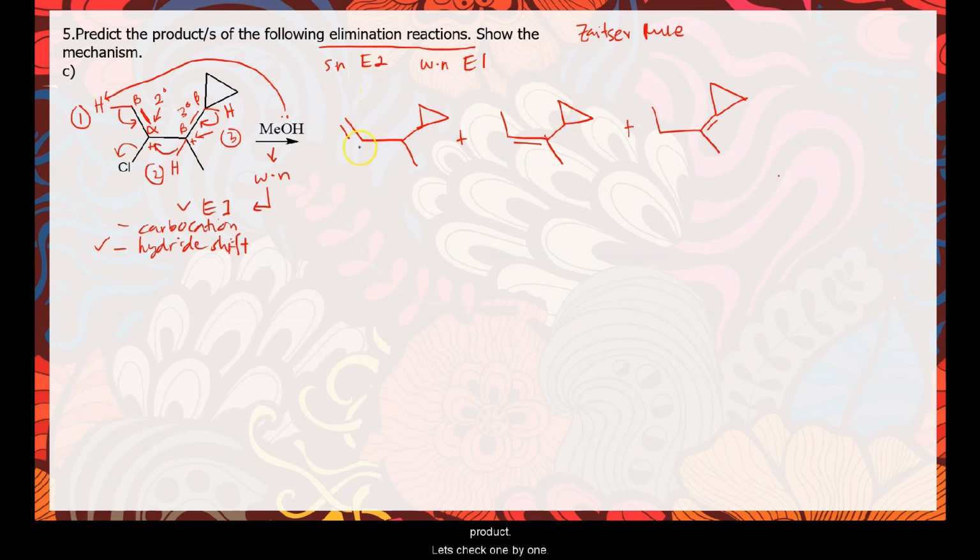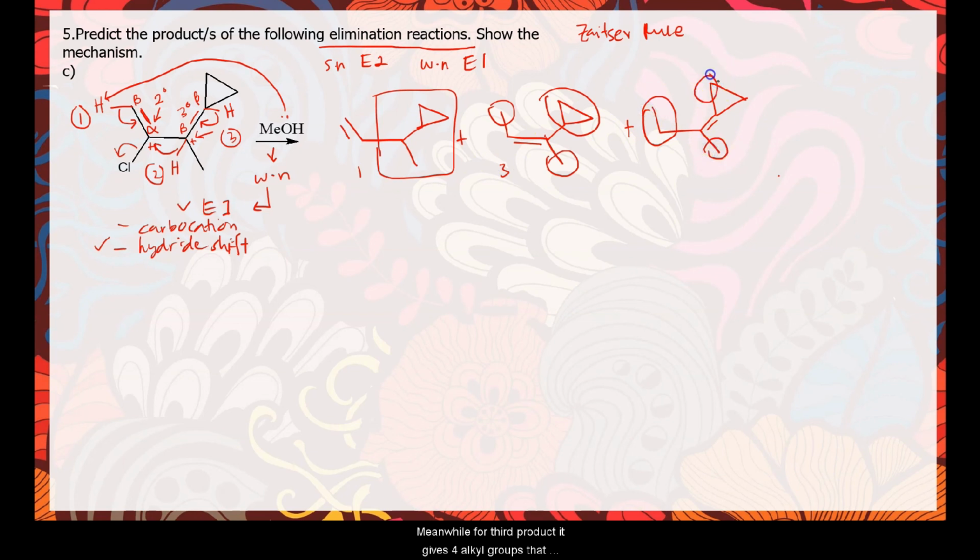First product, it only has one alkyl group attached to the C double bond C. Second product, it gives 3 alkyl groups attached to the C double bond C. Meanwhile, for the third product, it gives 4 alkyl groups attached to the C double bond C. It means the third product will be the major product for this reaction.